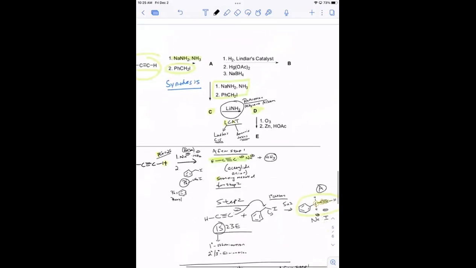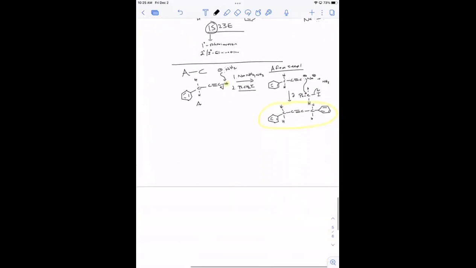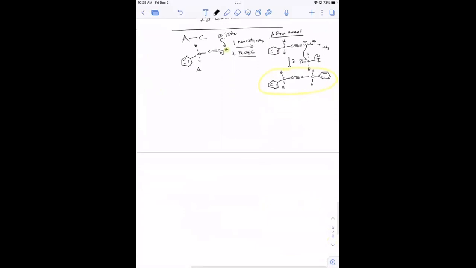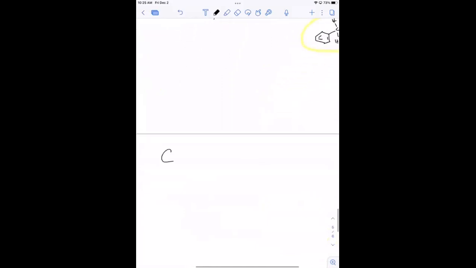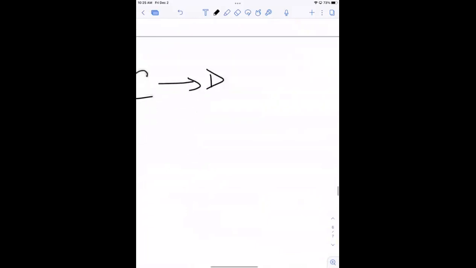So let's do that. Let's take the product right here. We're going from C to D. All right, so I'm going to just draw this out. So this is my triple bond. Both sides have the same substituent.